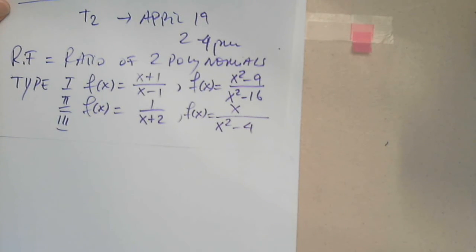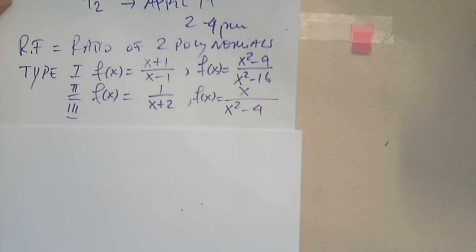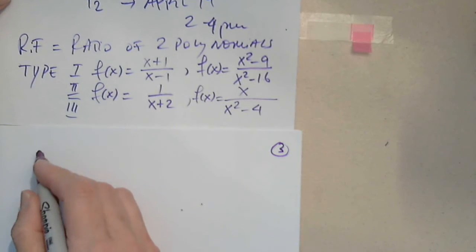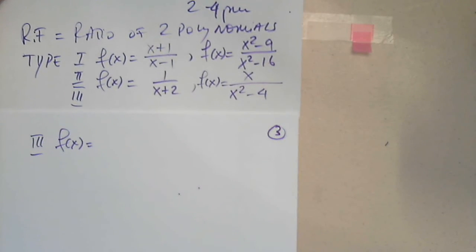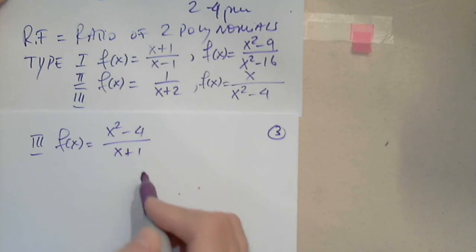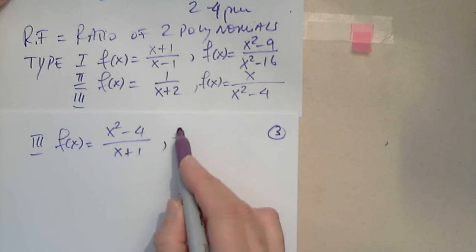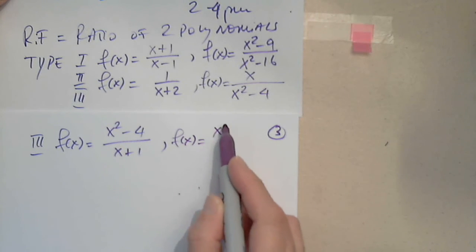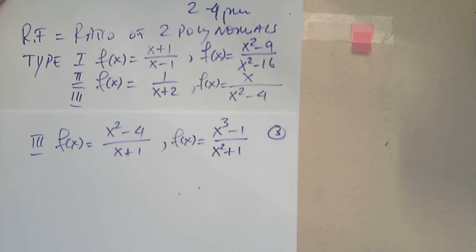These are just examples, but we want to discuss them. And for type 3, f of x, for example, is x squared minus 4 over x plus 1. And another example, x cubed minus 1 over x squared plus 1.